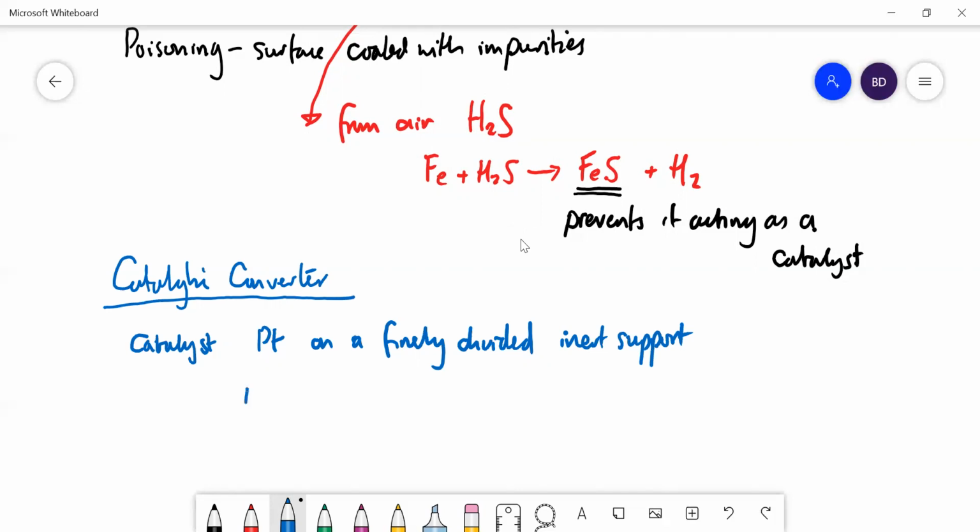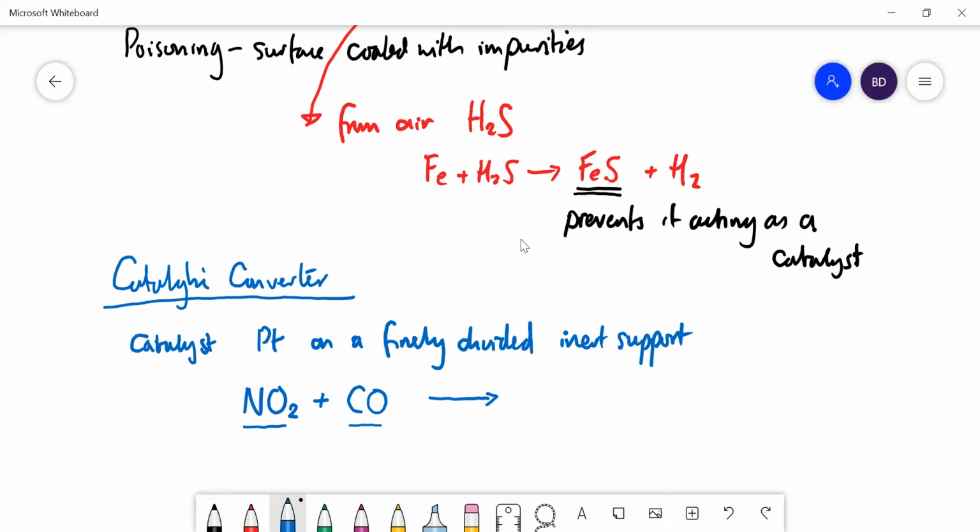Nitrogen oxides, such as NO2, which are made in the car engine when nitrogen reacts with oxygen at the very high temperatures you get, will react with carbon monoxide from incomplete combustion. And these are both quite nasty things that cause breathing difficulties. Carbon monoxide is poisonous, and NO2 also causes acid rain.